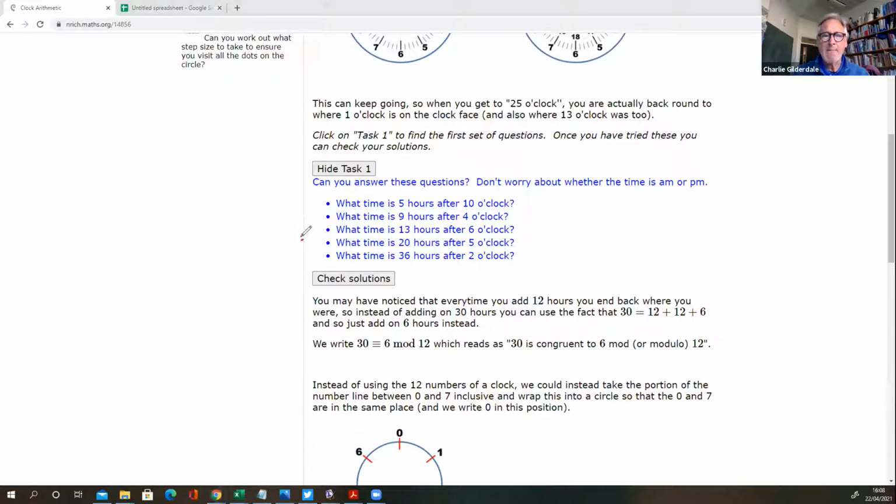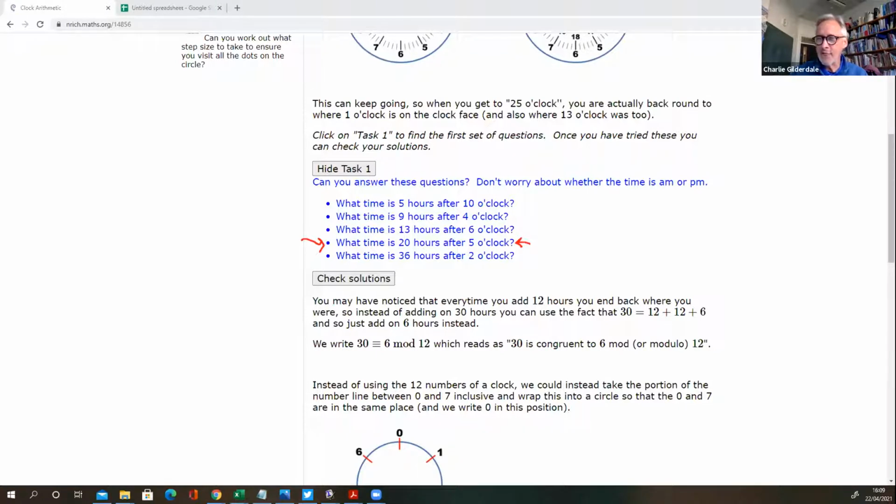And I'm imagining that some students might say, well, if I need to think about 20 hours after 5 o'clock, it's 5 o'clock now, so in 12 hours time, it's going to be 5 o'clock again. And then I've still got to add another 8 hours. So adding 20 hours is going to give me the same answer as adding 8 hours. And 5 plus 8 is 13, which is 12 plus another 1. So it's going to be 1 o'clock.